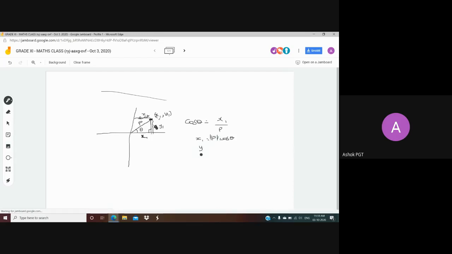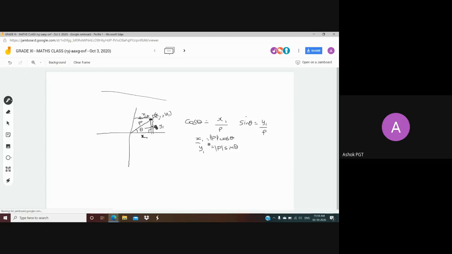Similarly, y1 can be calculated using sin theta. If you calculate sin theta for this triangle, the opposite side for theta is y1. So y1 divided by hypotenuse, from which we can say y1 is equal to p sin theta.